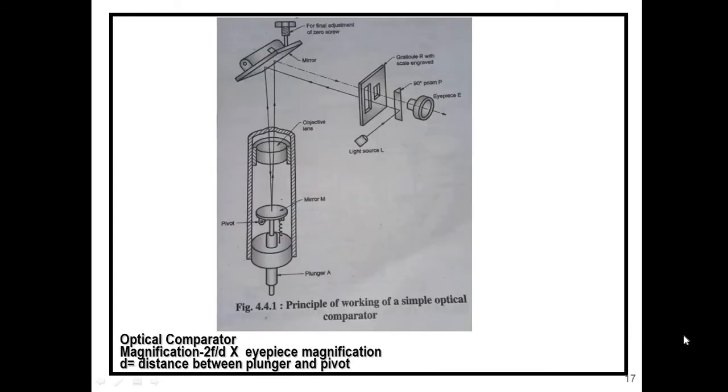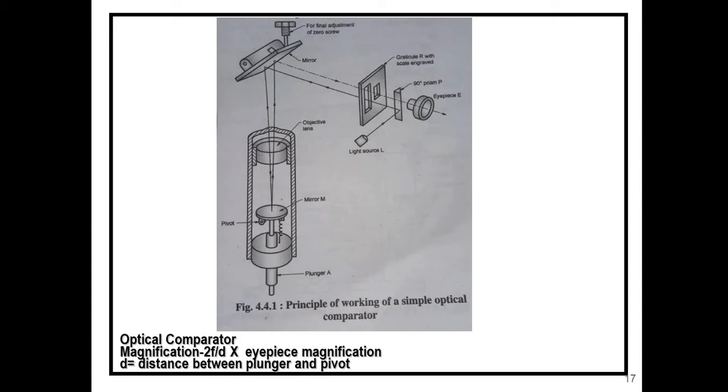Now moving ahead, this is another comparator that is called an optical comparator. Now as far as optical comparators are concerned, mechanical comparators have their own disadvantages. Basically in mechanical comparators, the range of these comparators is limited.